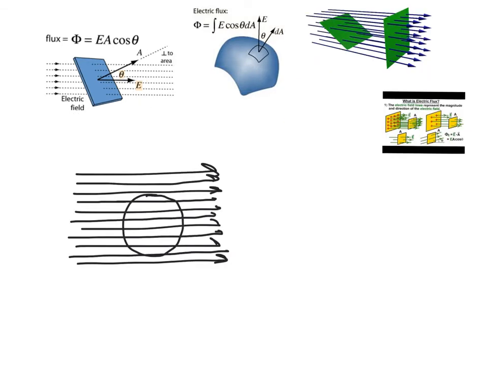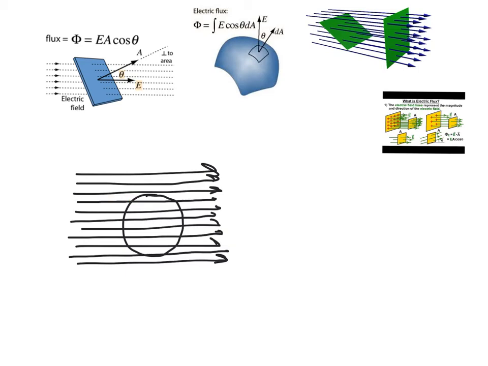so the EA cosine theta works fine if the area is flat and the field is uniform and you have one angle. But supposing here's a uniform field but a curved surface. So the field hits the surface, right, normal to the surface here, but here it hits it at an angle.